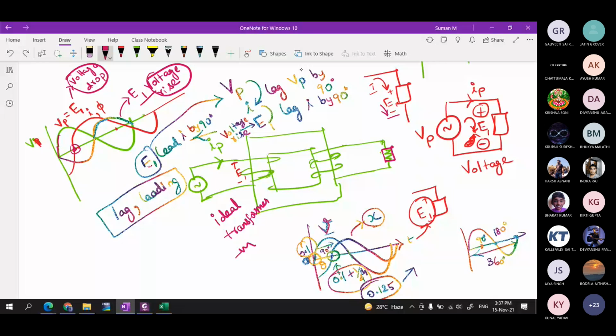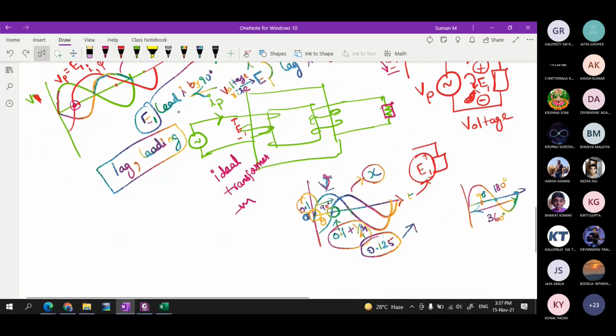I think we discussed ideal voltage source and ideal current source, right? Yes, sir. In an ideal voltage source and current source, we said there is no power loss. But we also said that for a practical voltage source and practical current source, there is some power loss within the source, represented by a resistor.